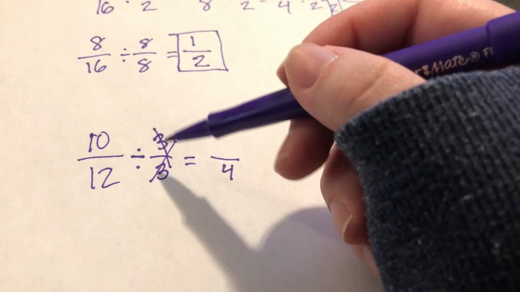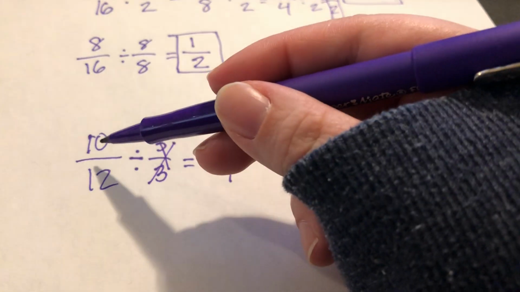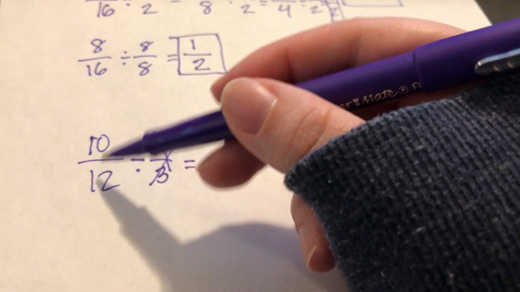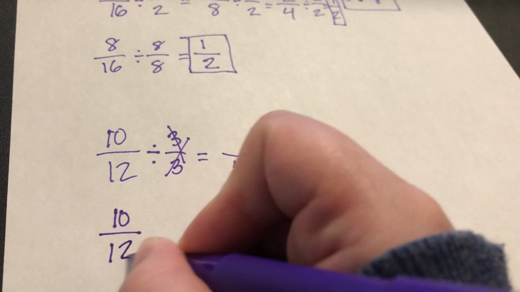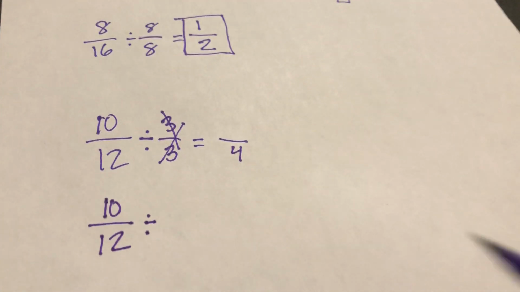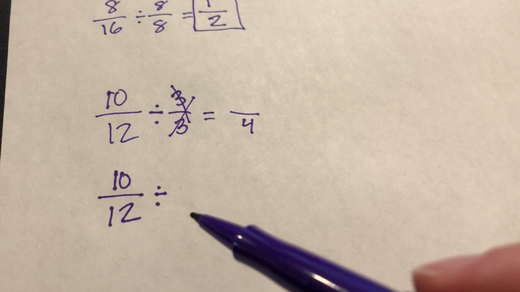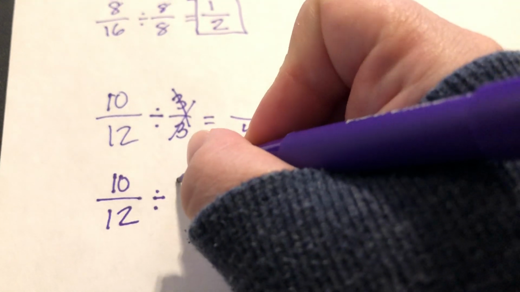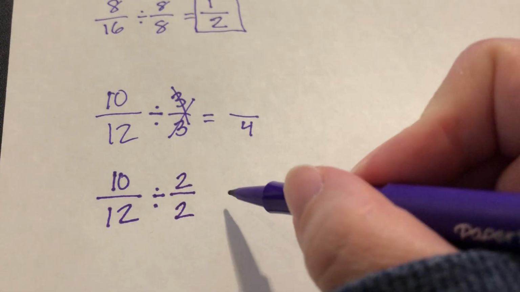You want to try to find a fraction of 1 where both the numerator and the denominator can be equally divided by these two numbers. So 10, 12, let's see. It would work with 2/2. Let's do 2/2 because they're both even numbers, so I can divide them evenly by 2.